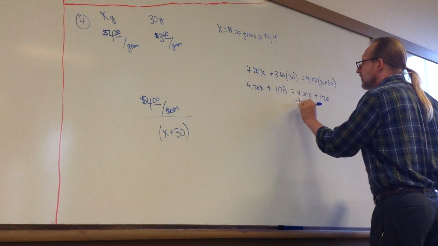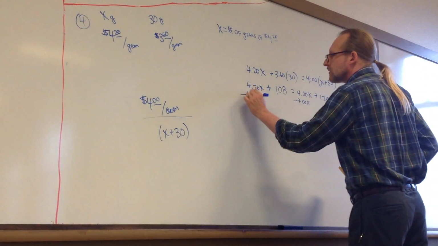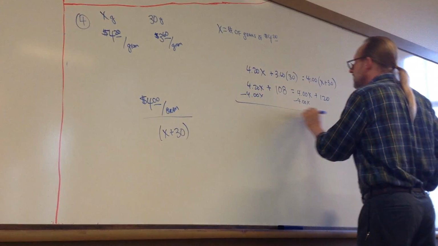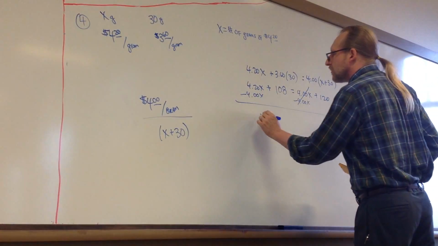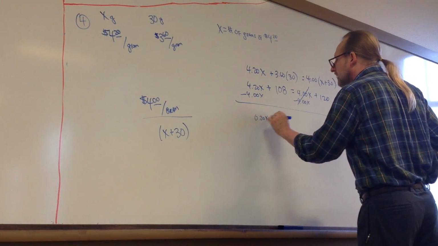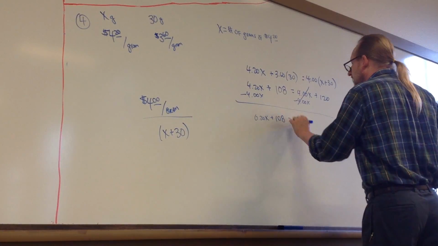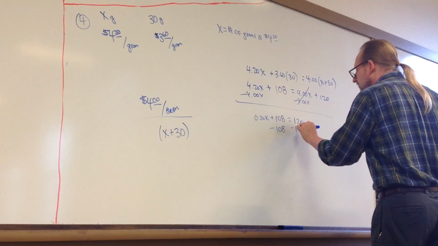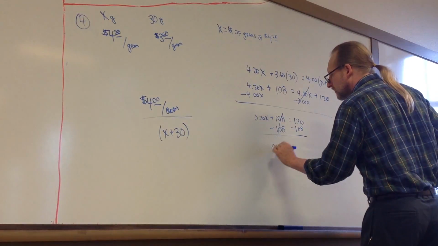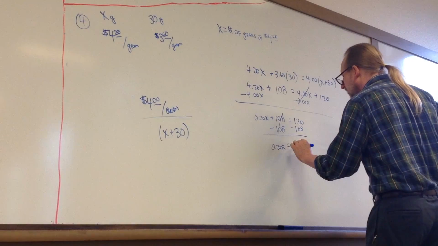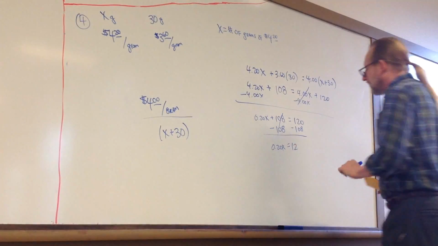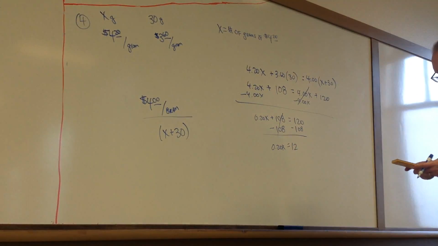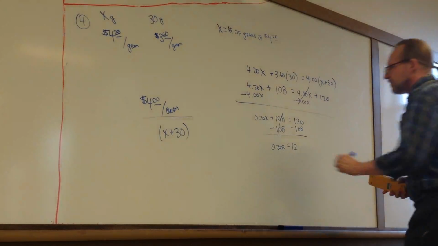I've got to move these x's over here. So that'll be 0.20x plus 108 equals 120. And then we'll move the 108 over to this side. So 0.20x equals 12, right? And so then we do 12 divided by 0.2, x should be 60.